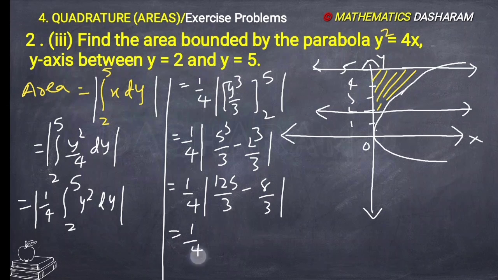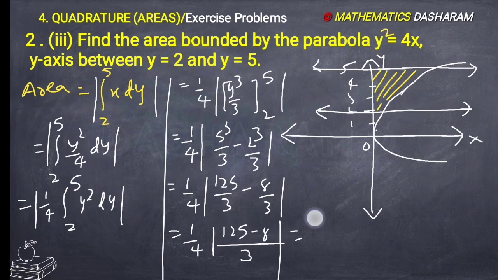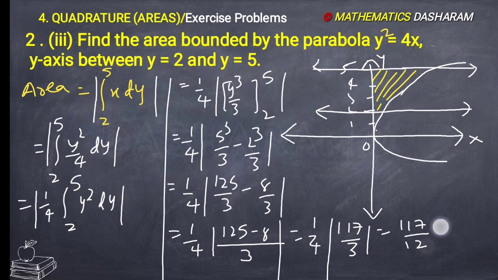Here the denominators are the same, so subtract the numerators directly. So 1 by 4 mod 125 minus 8. So it is 117 by 3. So 117 by 4 times 3, that is 39 by 4 square units.